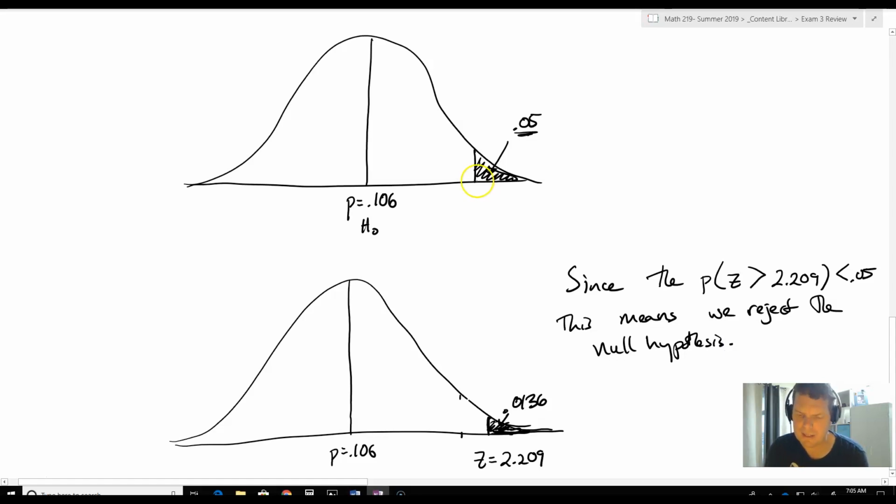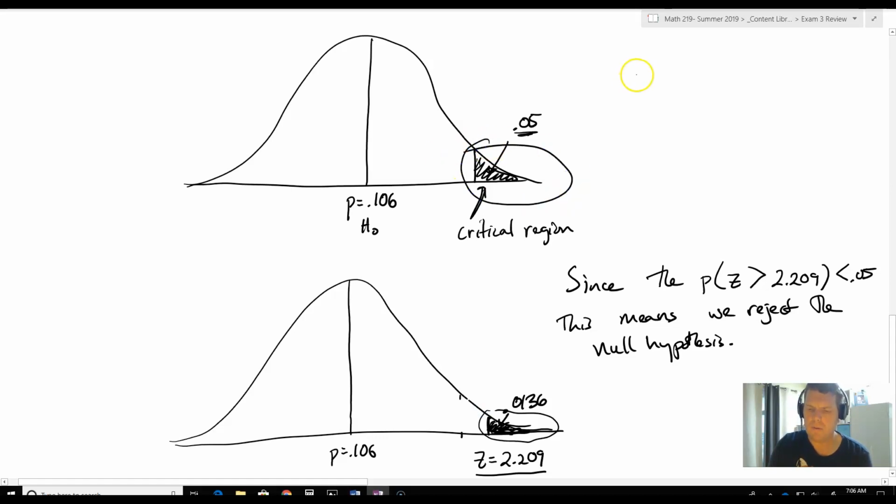Basically, what it's saying is that the region that we get utilizing our test statistic is smaller than this critical region. And so hence, it's rarer than this threshold that we need in order to say that it is sufficiently rare to say that 0.106 is wrong. So the area that we get with our test statistic is smaller than our region. So here's alpha and here's P. Since P is smaller than alpha, we reject the null.